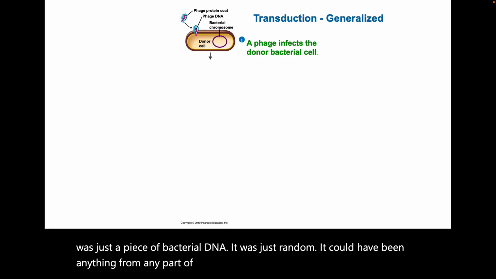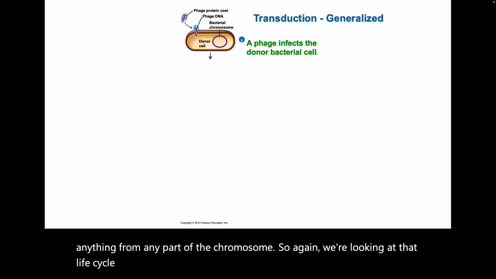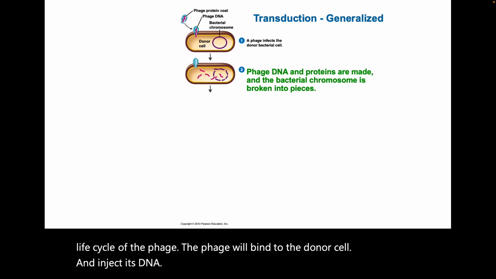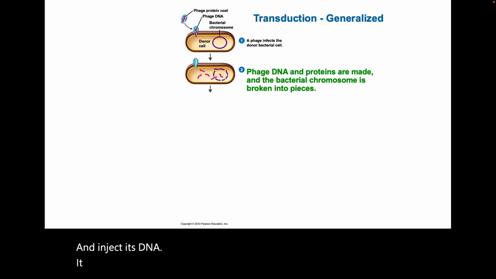So again, we're looking at that life cycle of the phage. The phage will bind to the donor cell and inject its DNA. It takes over the host cell machinery, which eventually leads to the host chromosome falling apart.